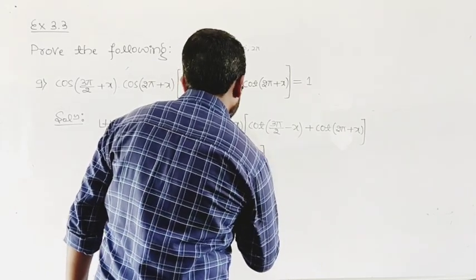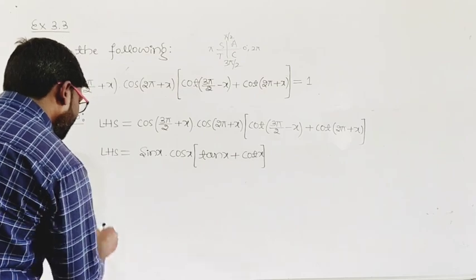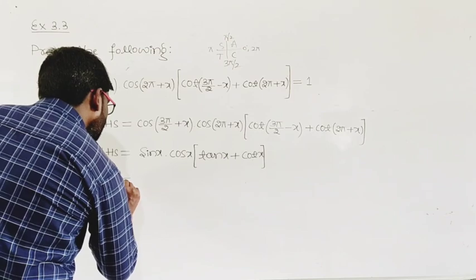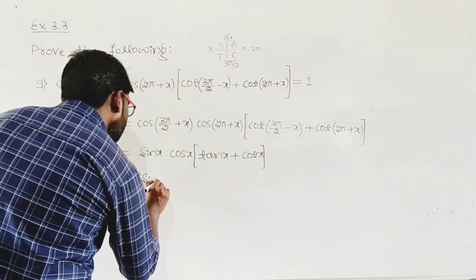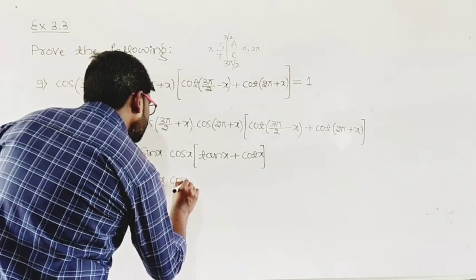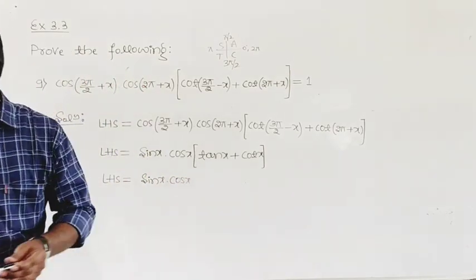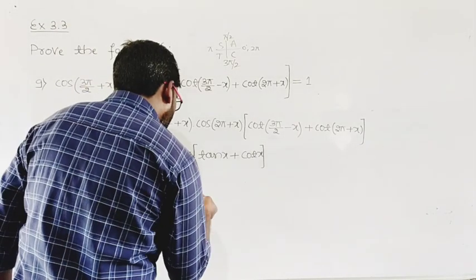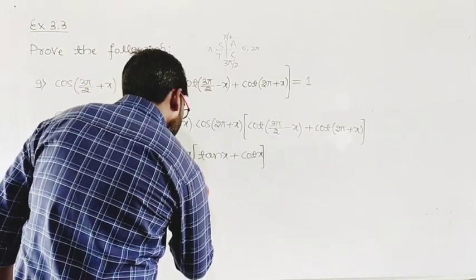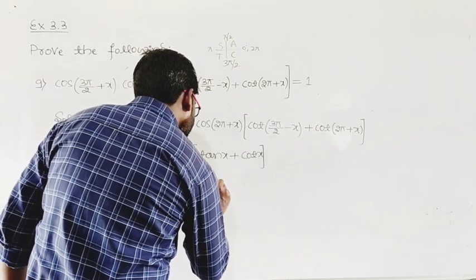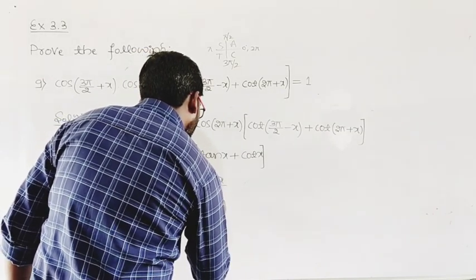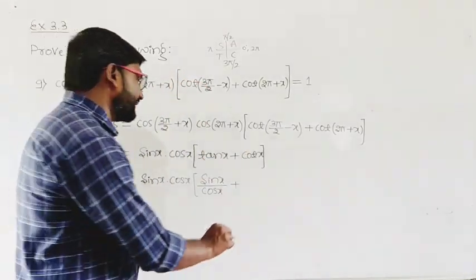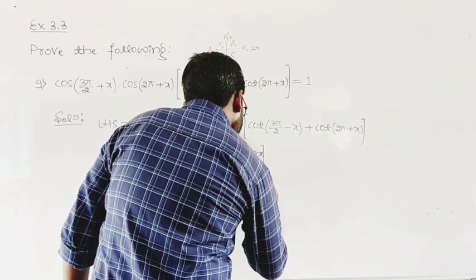Now in the next step, I write these two as it is. LHS is equal to sin x into cos x. Then this tan x can be written as sin x divided by cos x, plus cot x can be written as cos x divided by sin x.